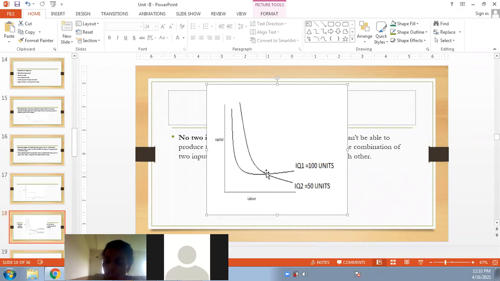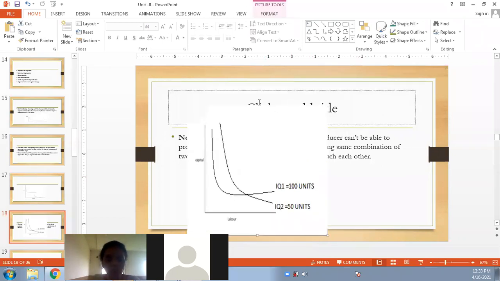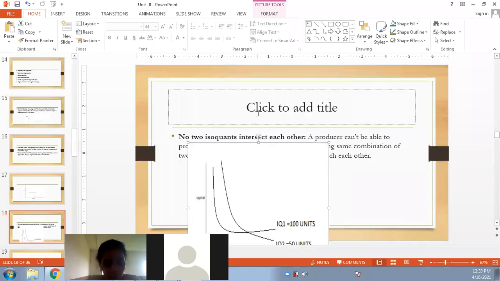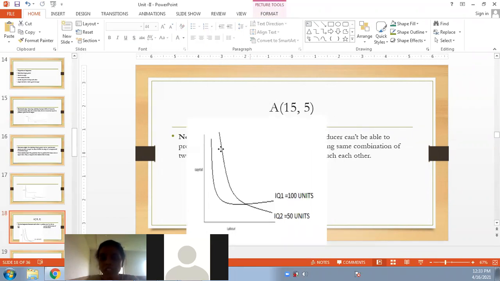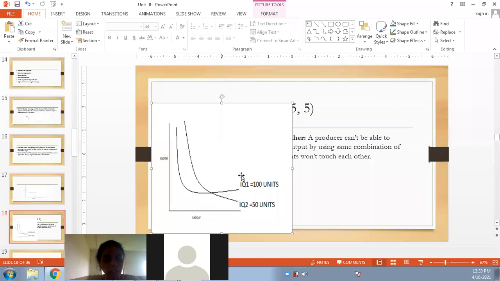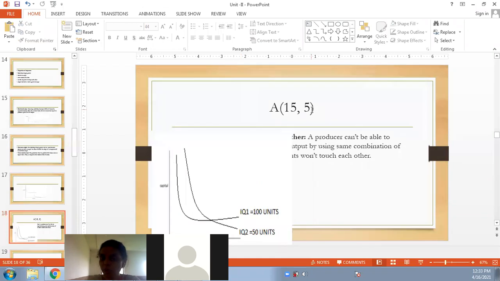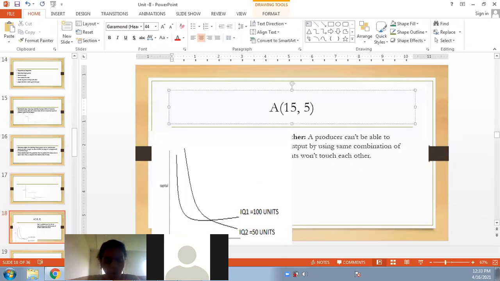For example, take the combination at A as 15 units of labor and 5 units of capital. What is the meaning of this diagram? This point A, that is 15 labor and 5 units of capital, can be used to produce 100 units, as well as the same combination can be used to produce 50 units. Is it possible?